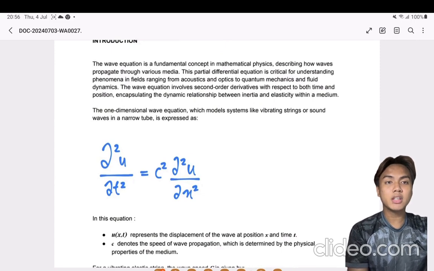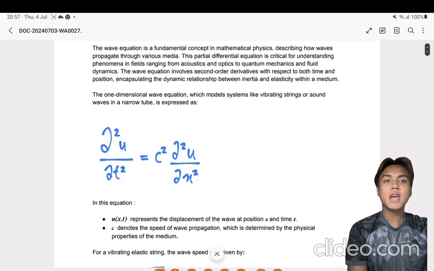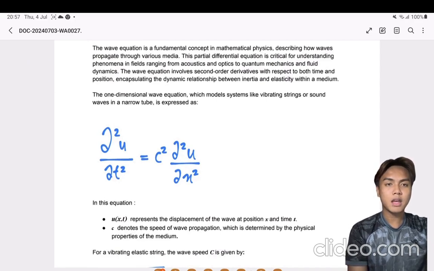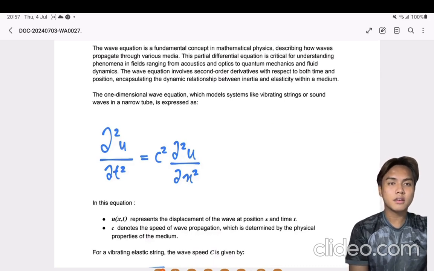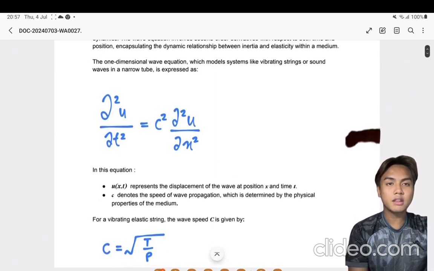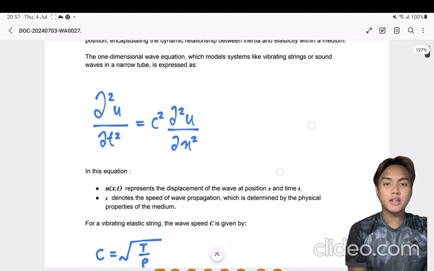The one-dimensional wave equation, which models systems like vibrating strings or sound waves in a narrow tube, is expressed as I already wrote in this article, which is d squared u over dt squared equals c squared d squared u over dx squared.